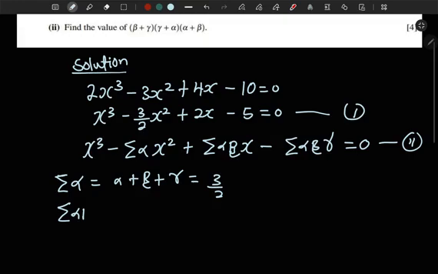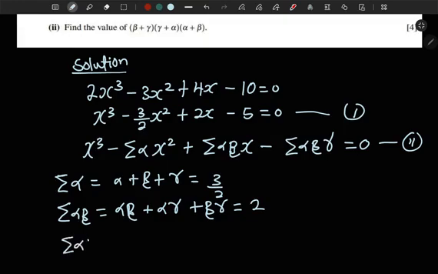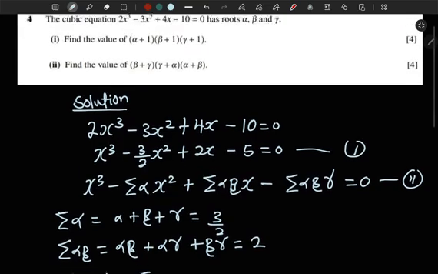Then the sum of the products of pairs of any two roots, alpha beta, alpha gamma, then beta gamma, is given to be 2, and the product of the three roots, alpha beta gamma, we have that to be 5.